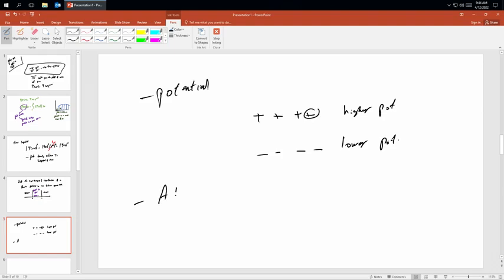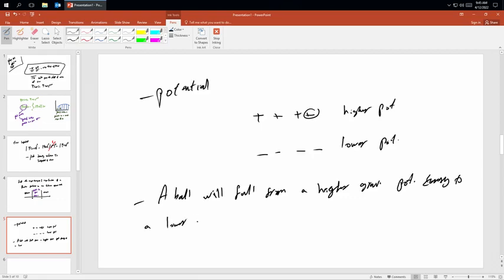For instance, a ball will fall from a higher gravitational potential energy to a lower gravitational potential energy.